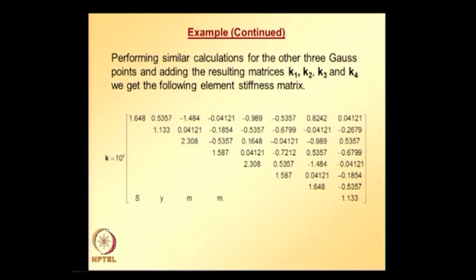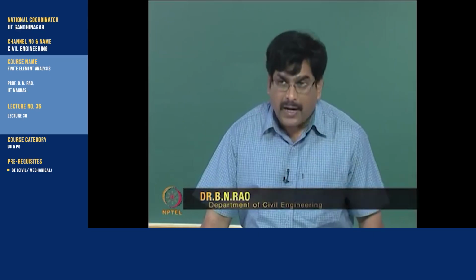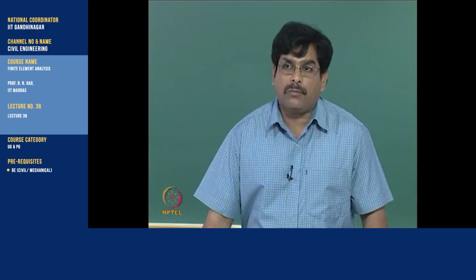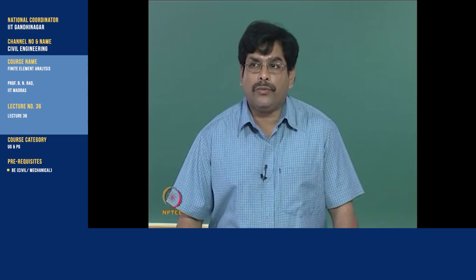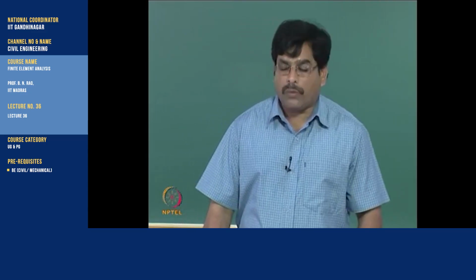If you see this problem, there are 4 nodes and nodes 1 and 4 are fixed, so all degrees of freedom corresponding to these nodes are going to be 0. In the final global equation system, we are going to eliminate the rows and columns corresponding to degrees of freedom which are 0. So, we can directly write the reduced equation system, which consists of degrees of freedom corresponding to nodes 2 and 3, which are u2, v2, u3, v3, because degrees of freedom corresponding to nodes 1 and 4 are going to be 0.